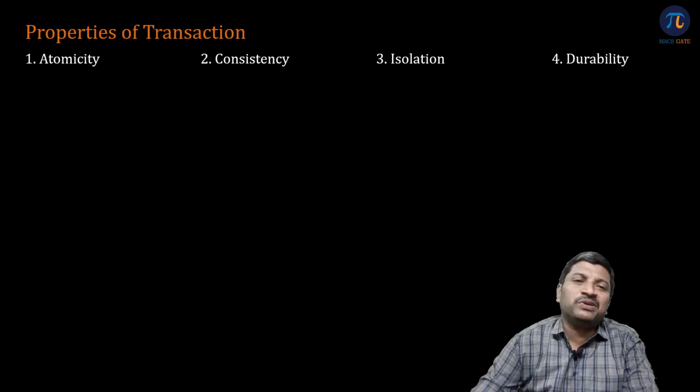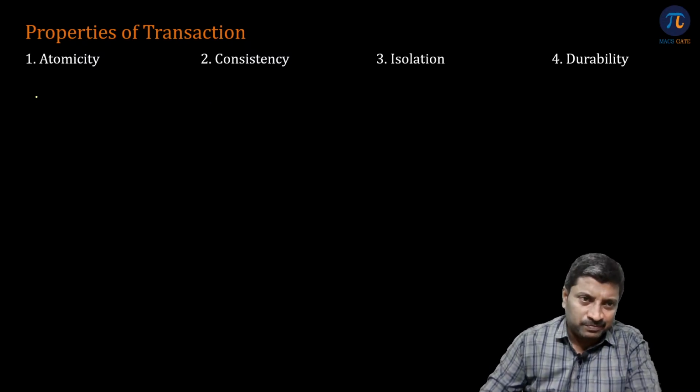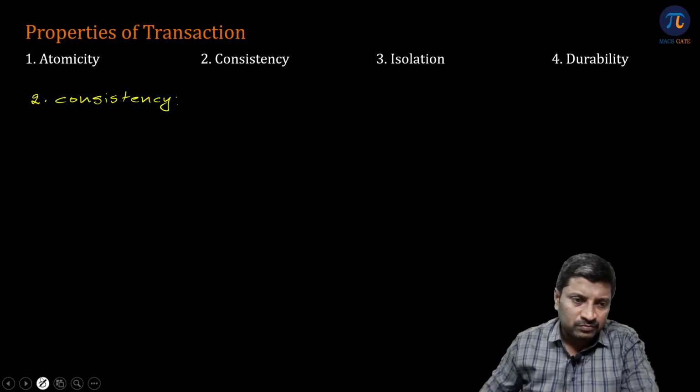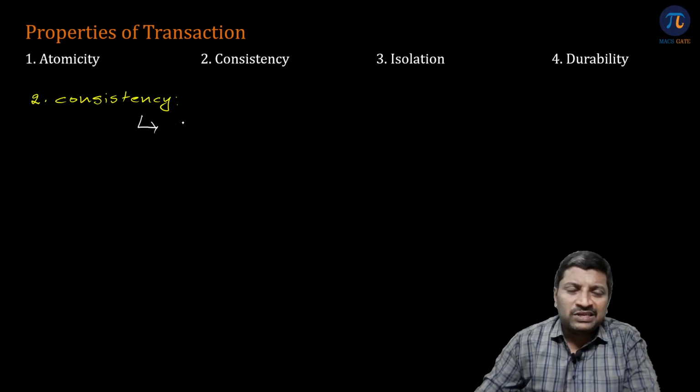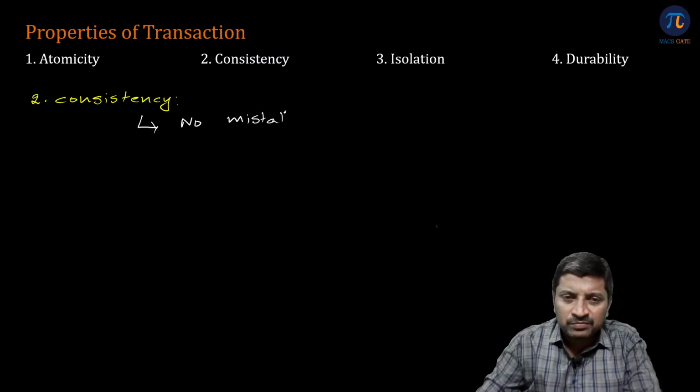What is the second property? Consistency. Consistency means, in simple English, no mistakes.